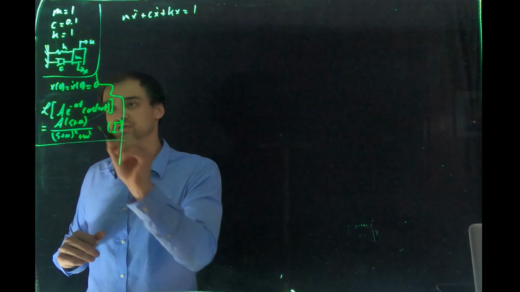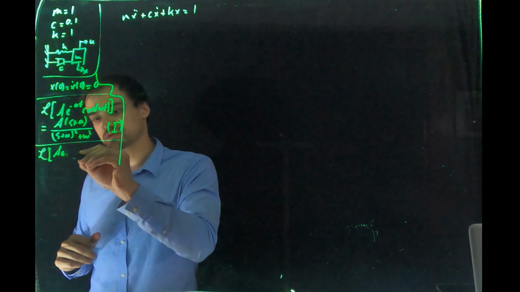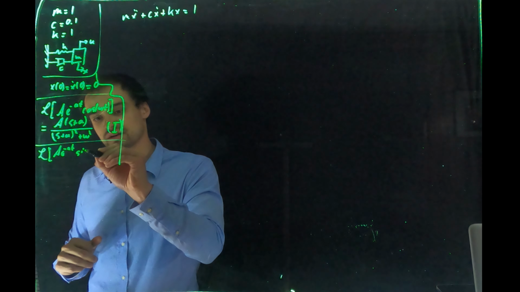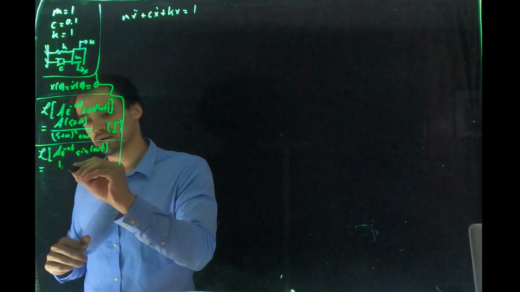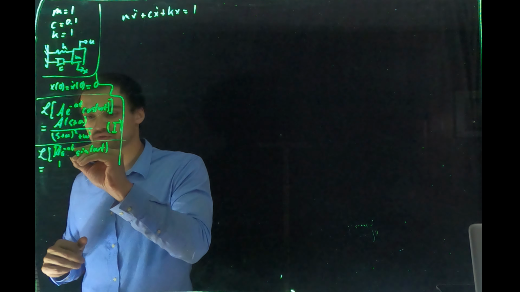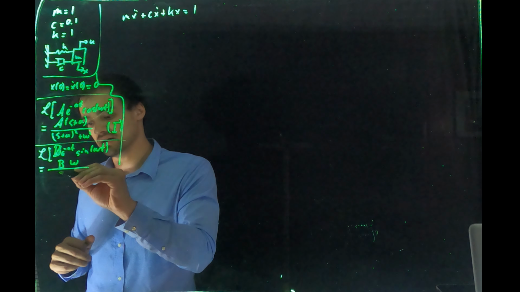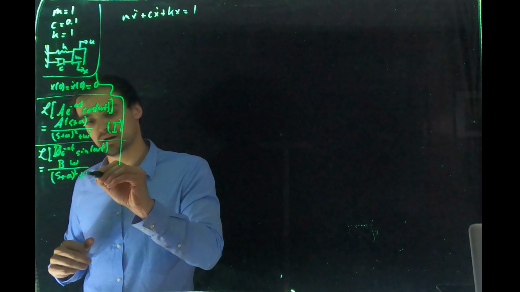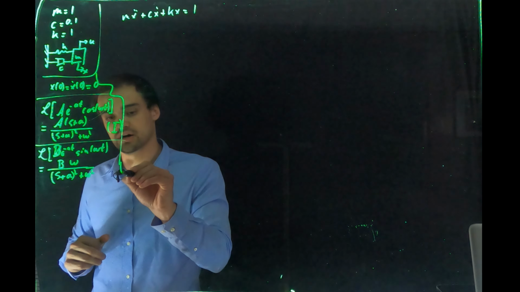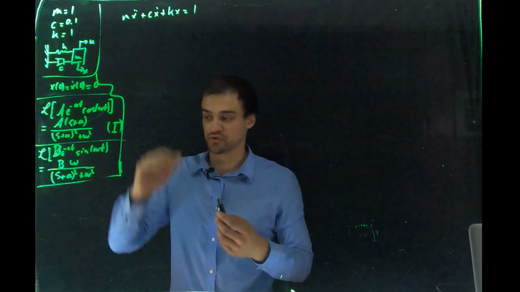And rule number 2 is the Laplace transformation of something very similar, except we're using a sine: b e to the power minus a t sine omega t is going to be equal to b omega divided by (s plus a) squared plus omega squared. Now, I'm mentioning those because we will need those later to solve this problem.